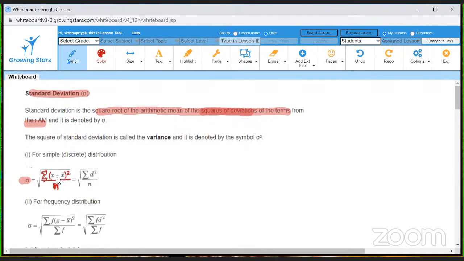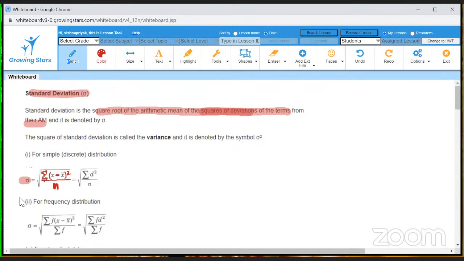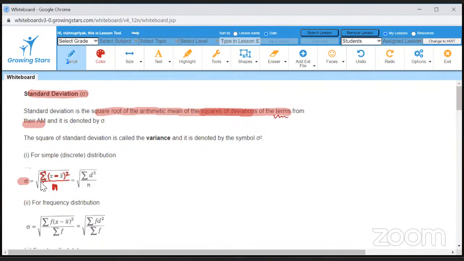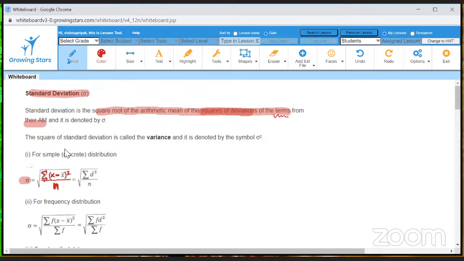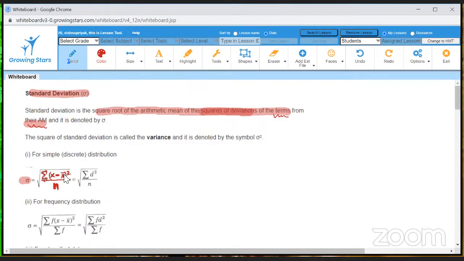Deviation means distance. Distance you will find by subtracting. Distance of the terms, the terms are x, from their arithmetic mean, arithmetic mean is x bar. This is the meaning of it. So this is the formula for sigma.